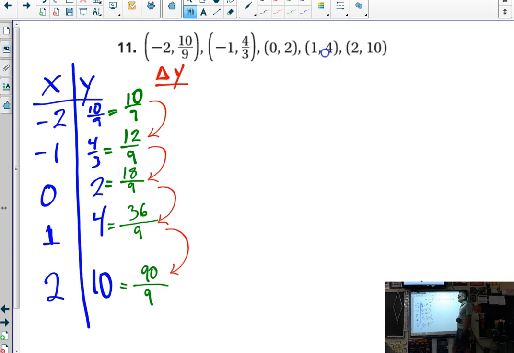So if I look at my changes, now that I'm dealing in ninths, this is easier. I went up by 2 ninths. Then I went up by 6 ninths. Then I went up by 18 ninths. Then I went up. What'd you say?